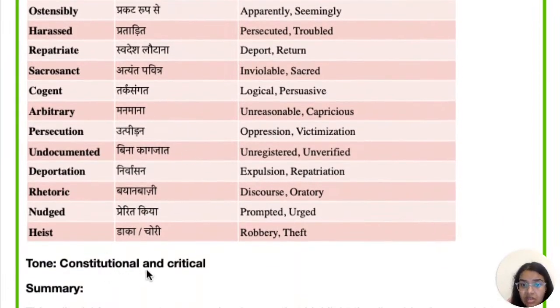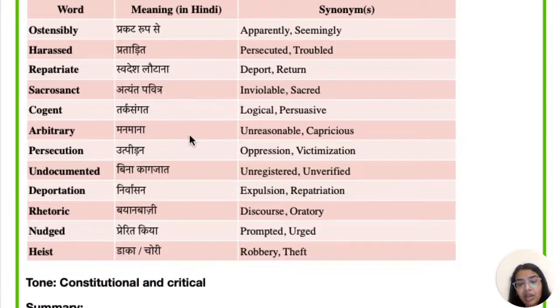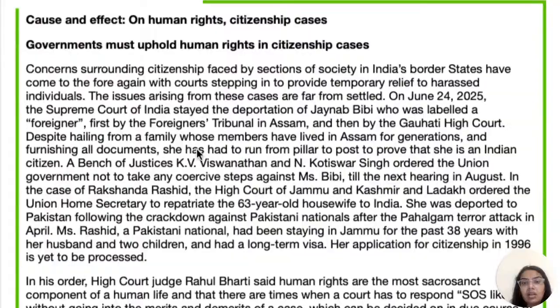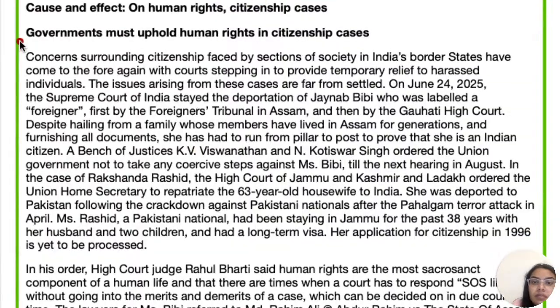So the tone here is constitutional. Of course, it relates to human rights, hence constitutional and critical. Subject verb agreement of this sentence, the first sentence.